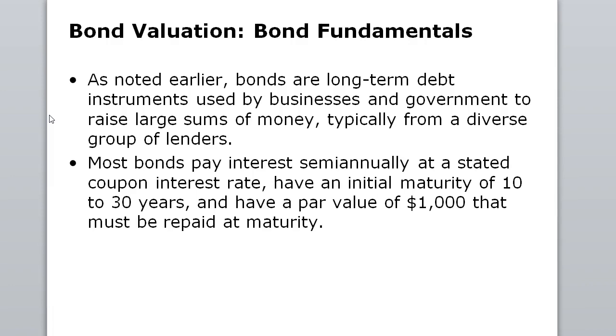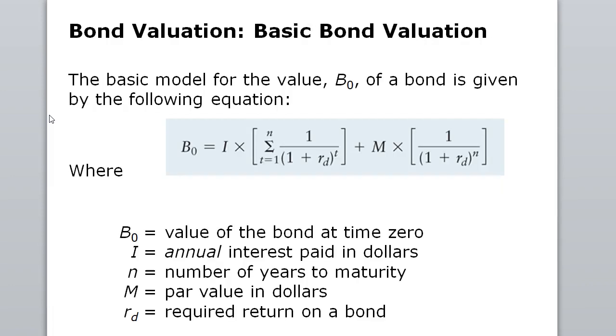The par value is typically $1,000, which must be paid back at maturity. So we have a basic model for valuing bonds given this equation. Here's our basic bond value equation, where we're going to use Excel to value bonds, but this is the equation it's based on, looking at the annual interest rate, the number of years to maturity, the par value in dollars, and the required rate of return on a bond.